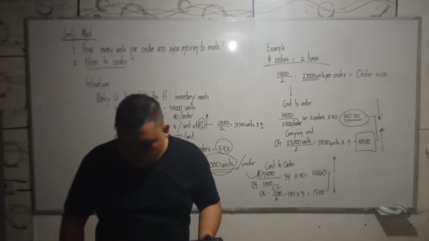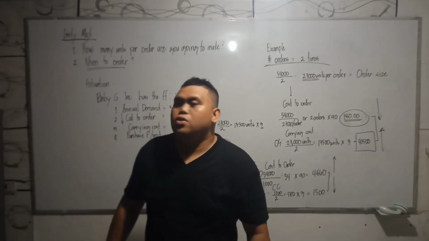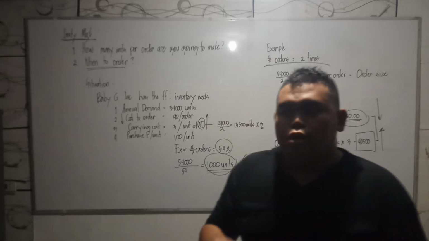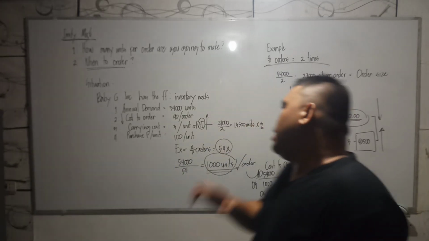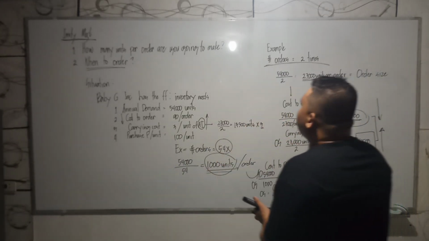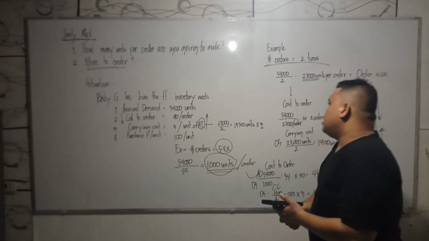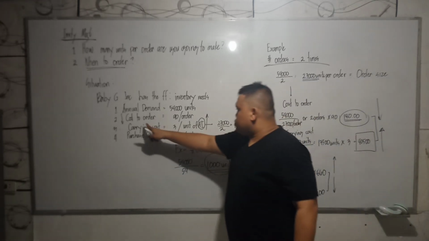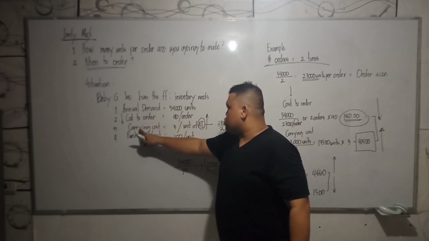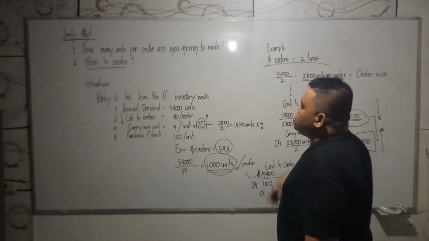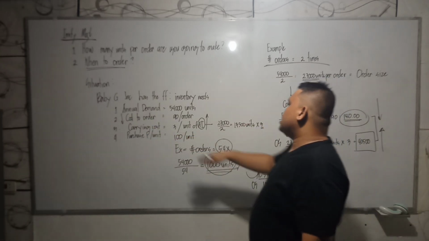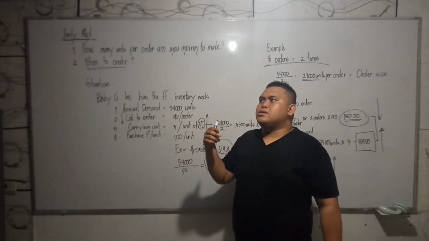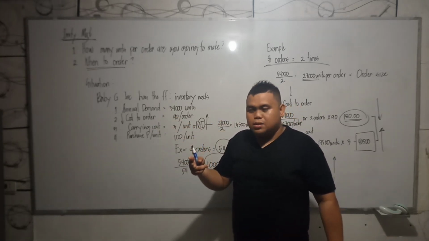Actually, there is a technique, which is what we call the economic order quantity. It has a formula, but the formula is derived from the logic that the cost to order and the carrying cost will become equal. As I mentioned earlier, the relationship between cost to order and carrying cost is inversely proportional.